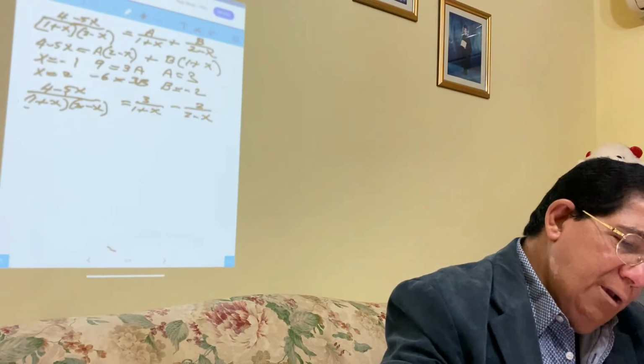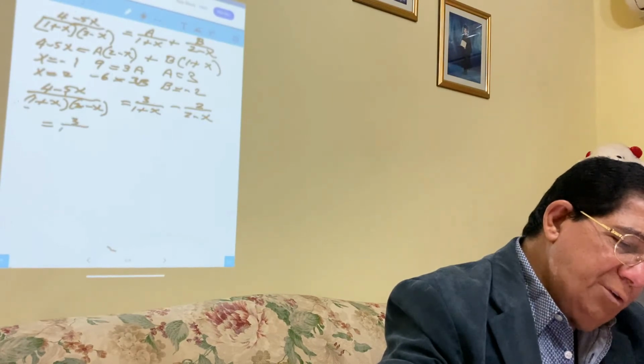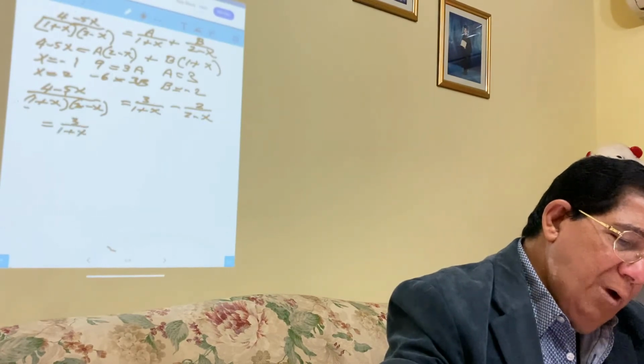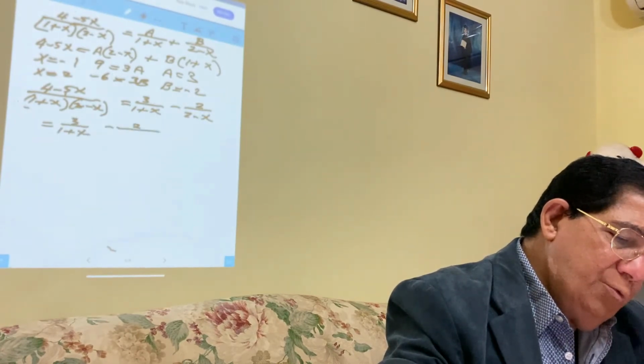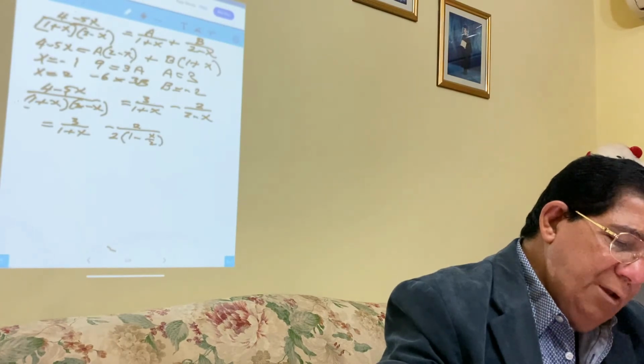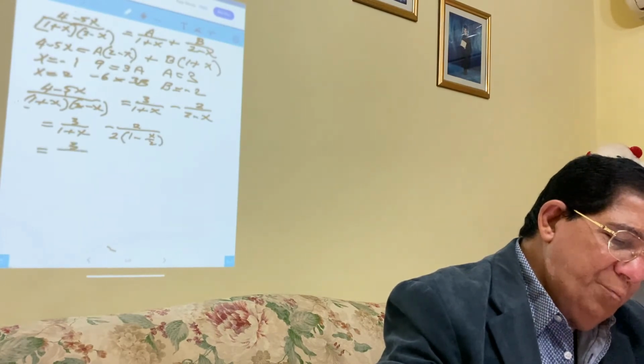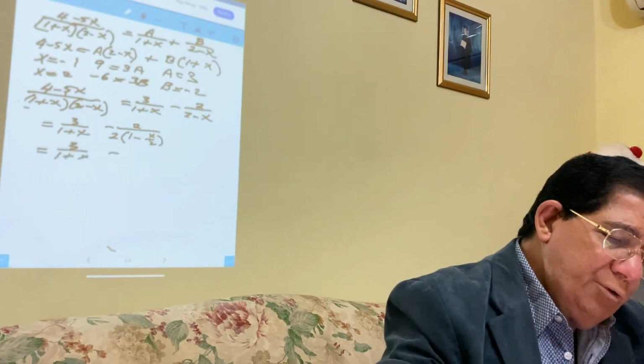This would be equal to 3 over 1 plus x, minus 2 over, we took 2 common factor, we got 1 minus x over 2. That means 3 over 1 plus x minus 2 over 2 times (1 minus x over 2).